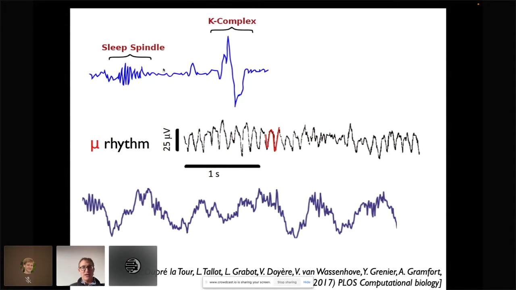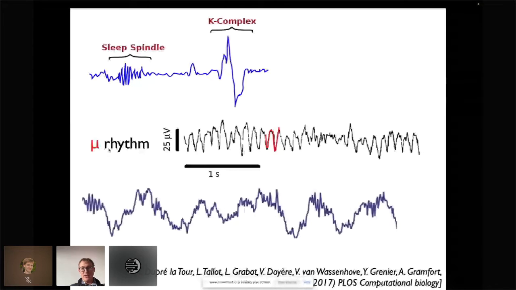This is EEG during sleep, where you see so-called micro events, microstructures like sleep spindles or a K complex. What you see here is the so-called mu rhythm that is produced in the motor cortex and has this mu shape with this very sharp trough, and that's what gives the name mu.